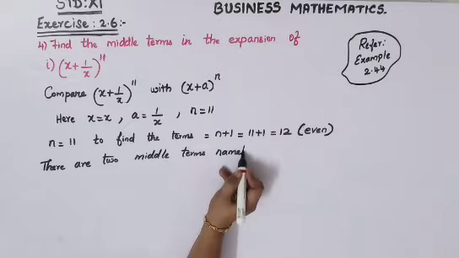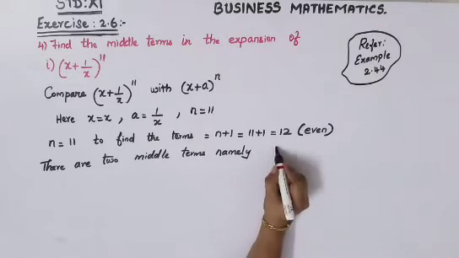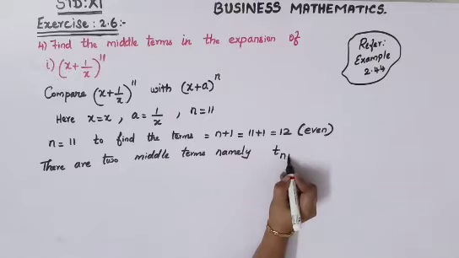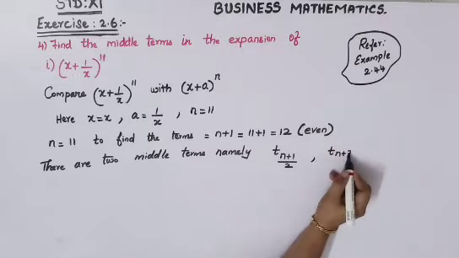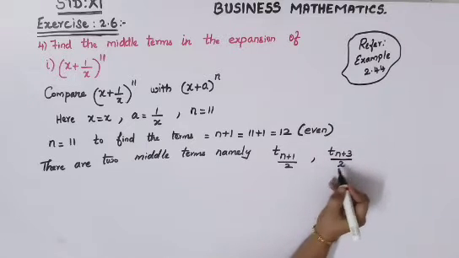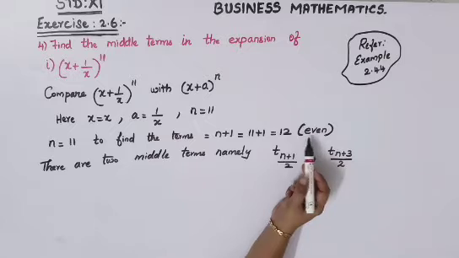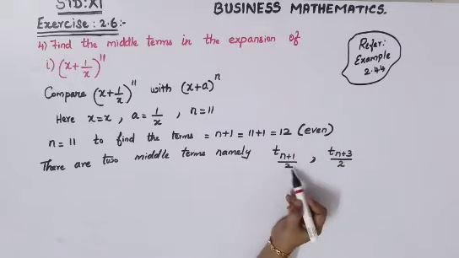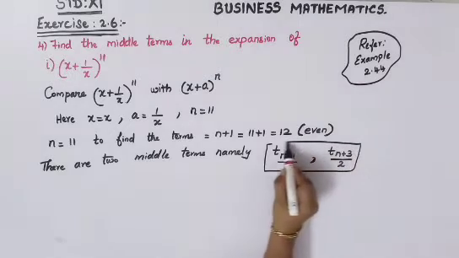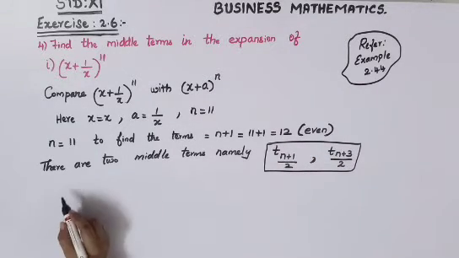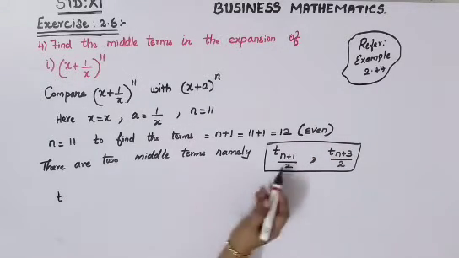Namely, your formula to find the middle terms is T(n+1)/2, comma T(n+3)/2. This formula is applicable only when the number is even. Now in the place of n put 11.